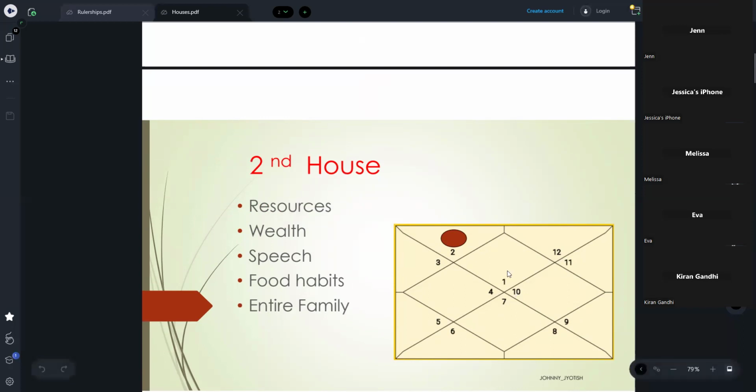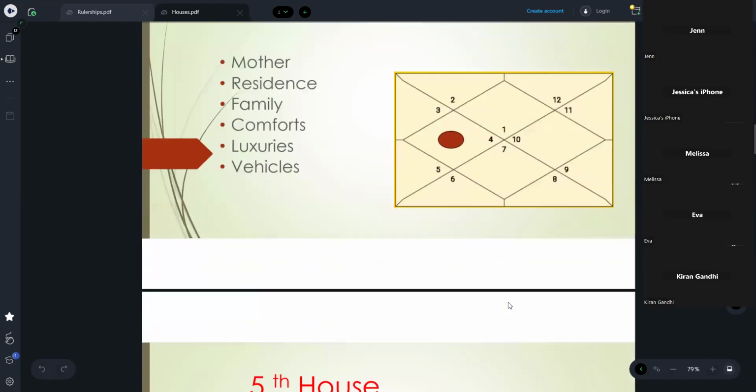If it's a business, then he will be interacting with people on a daily basis. If the second house from this house, from me, shows my earned wealth, then the second house from the other people shows their wealth. That's also a way of looking at a chart.